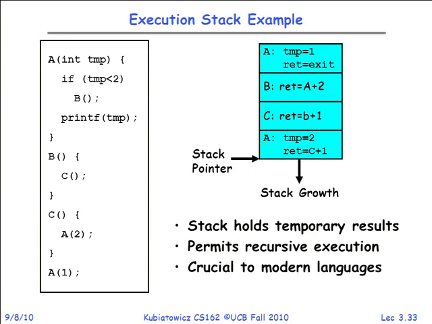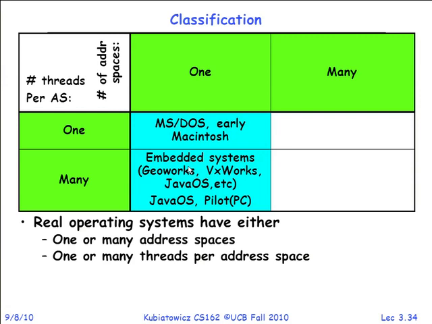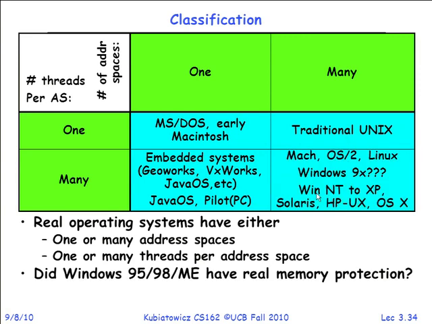A lot of embedded systems have one total address space but many threads. Traditional Unix had one thread per address space but many address spaces, that's lots of processes. And here's where we are today, with many address spaces and many threads per address space.